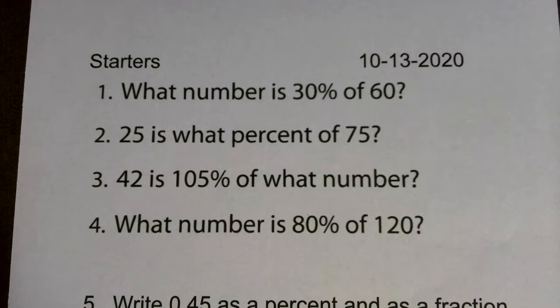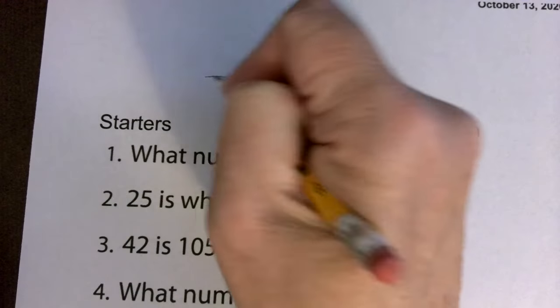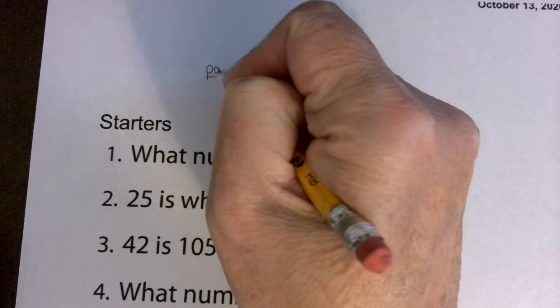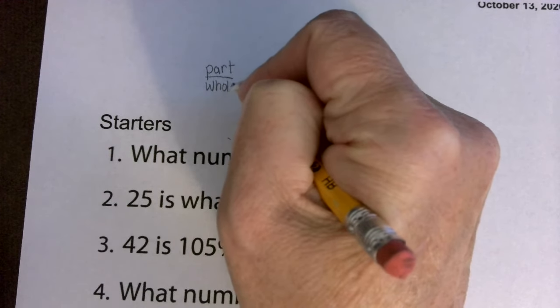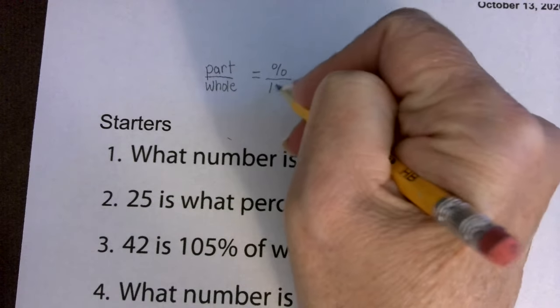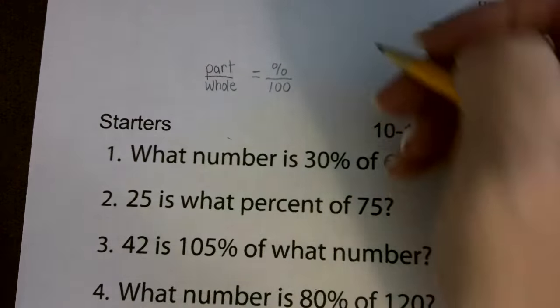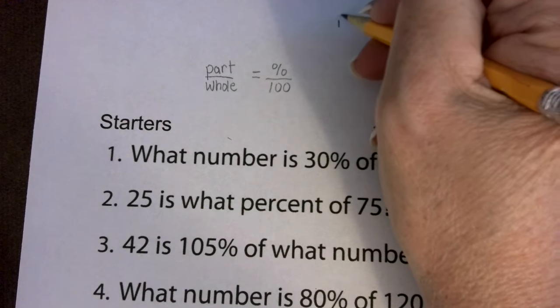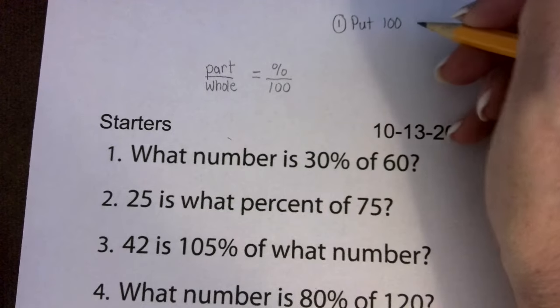If you'll remember, last week we talked about the percent proportion, and we talked about the fact that the percent proportion is the part over the whole, and that's going to equal your percent over 100. And we had some steps to solve. The first step was to put the 100 where it belongs.